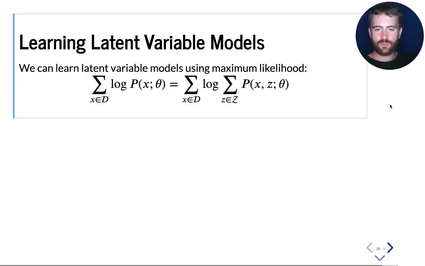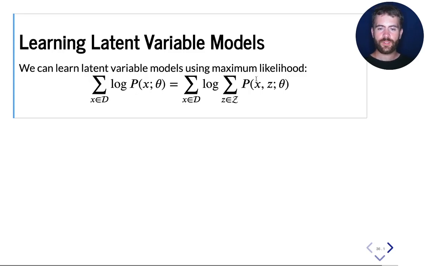Here I'm just using the definition of probability to write this term explicitly, and now we have a formula, but it involves a more complicated form for our objective. This is still our log likelihood, so it makes perfect sense to maximize this objective. We will be minimizing the KL divergence between our latent variable model and our data distribution.